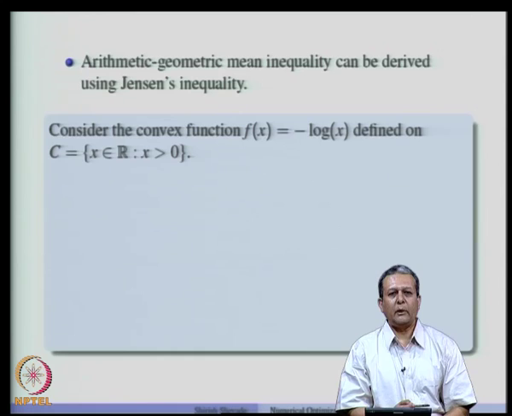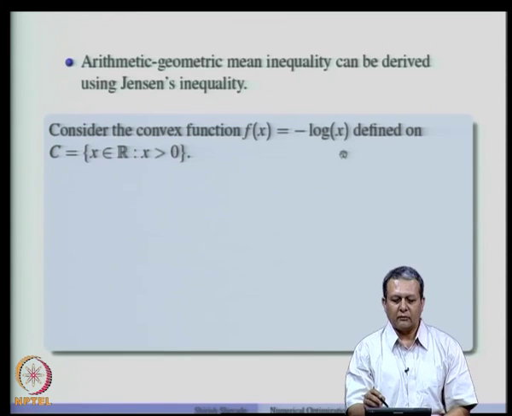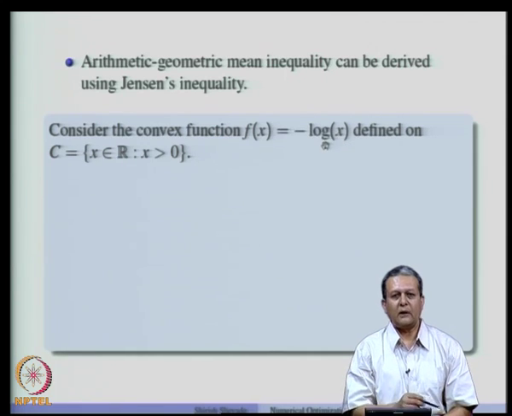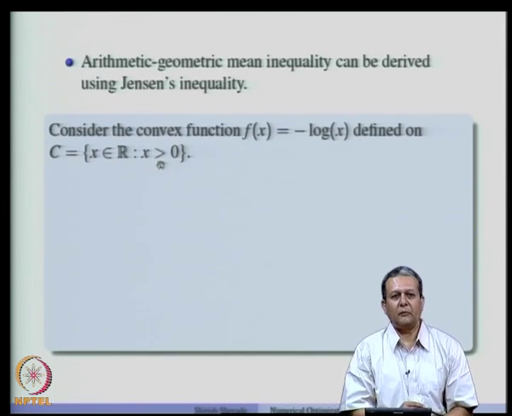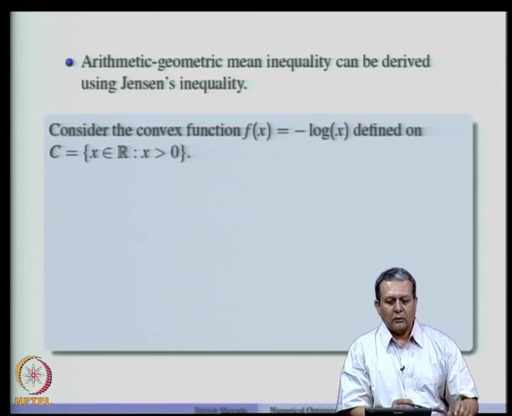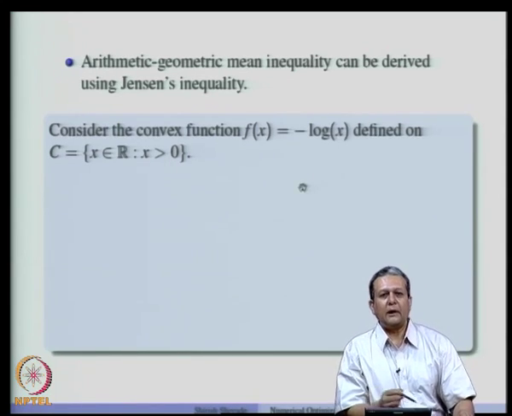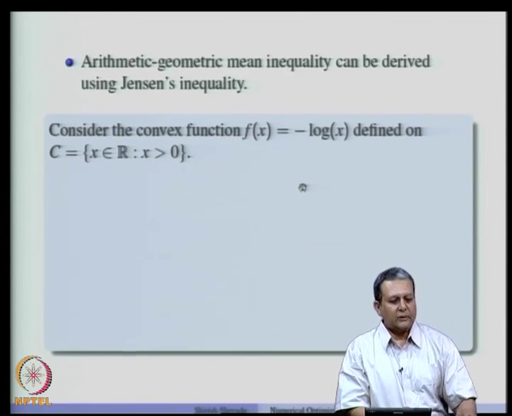For that purpose, let us consider a convex function from the set of positive numbers to the set of real numbers, f(x) equal to minus log x. Remember that this function is defined on the set C, which contains the set of positive real numbers. Now, let us apply Jensen's inequality to this function.